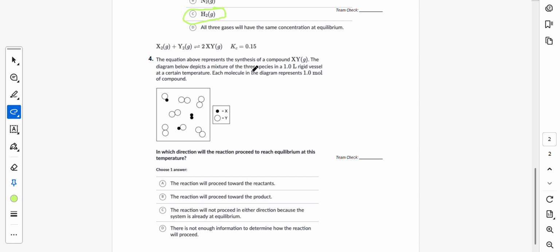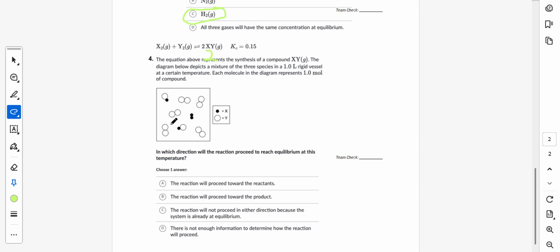The diagram below depicts a mixture of 3 species. So we've got all 3 species represented. There's our YY. There's our XX. Each molecule in the diagram represents 1 mole of the compound. So technically, here in the drawing, there are 2 moles of XY.